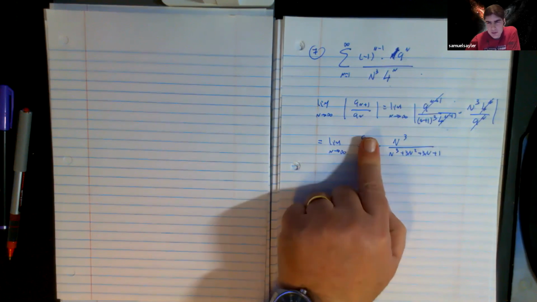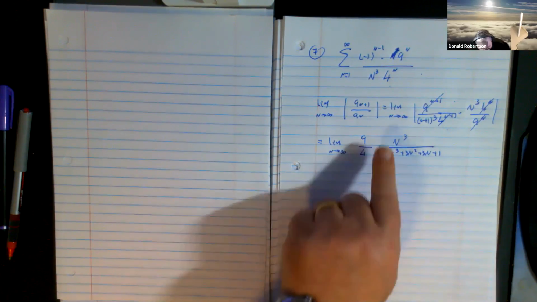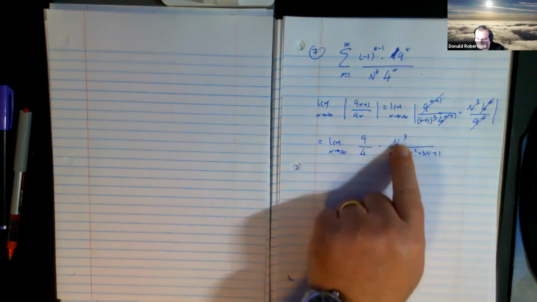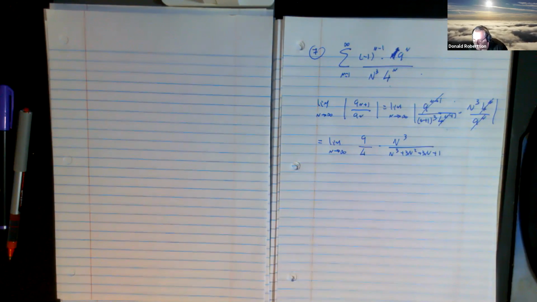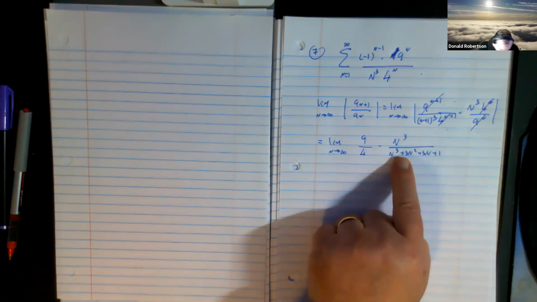I can find the limit of this ratio. Would you agree, divide top and bottom by n cubed, or L'Hopital? You'd have to do L'Hopital about 3 times, but eventually, won't you get 1? Yeah. Would you agree this would be 1, right?